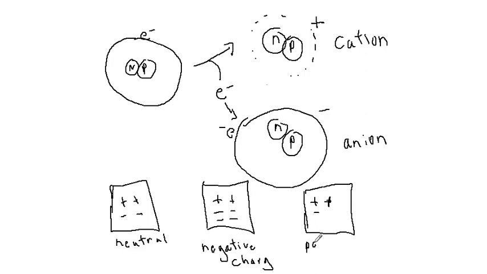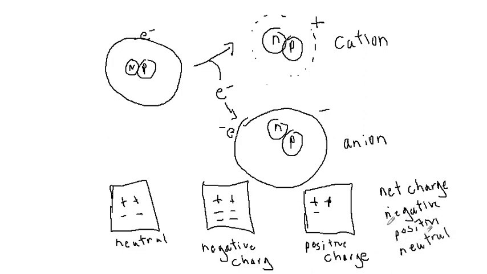Or positively charged. We also learned the word net charge is basically what we just said there: negative, positive, or neutral. It's negative if the negatives outnumber the positives, and it's positive if the positives outnumber the negatives.